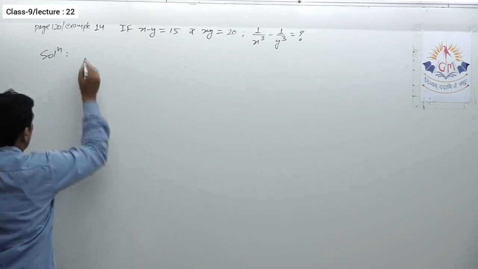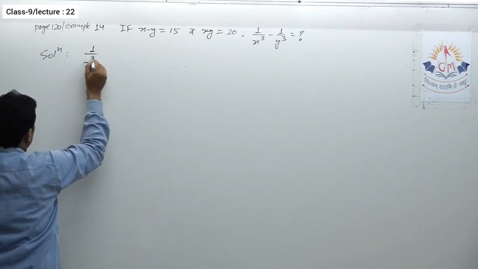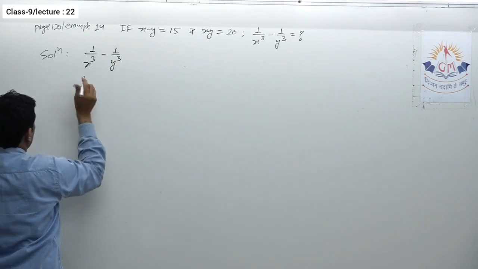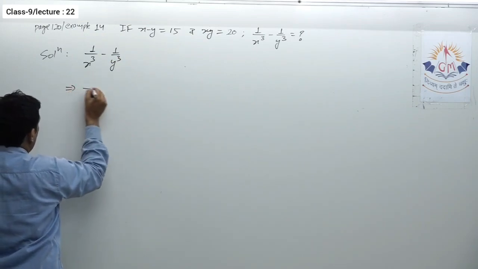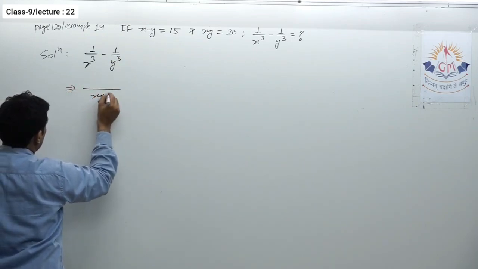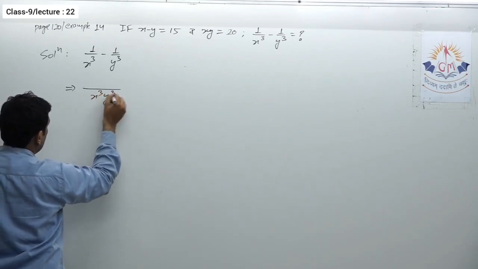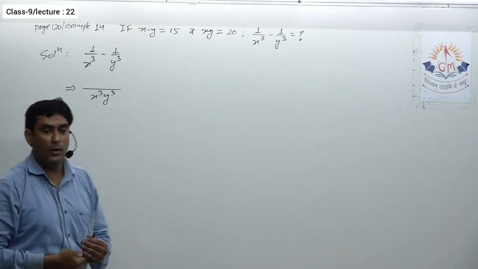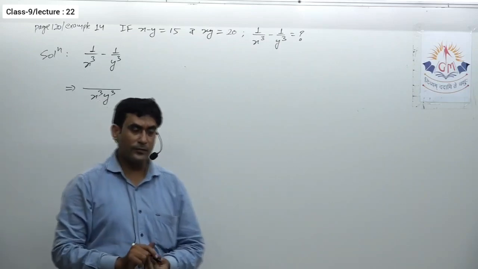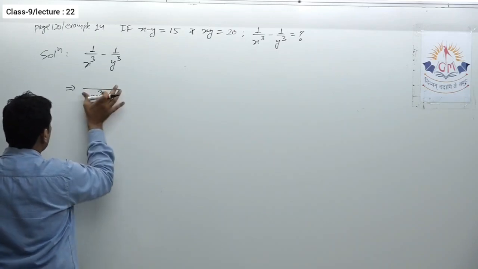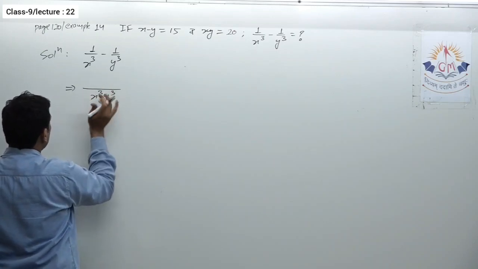We'll start with the expression 1 upon x cube minus 1 upon y cube. If I take the LCM, the common denominator will be x cube y cube.